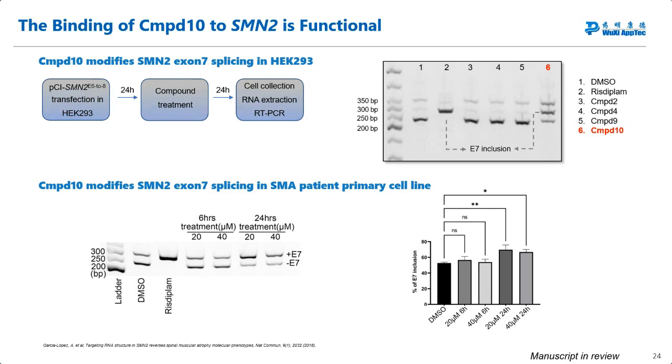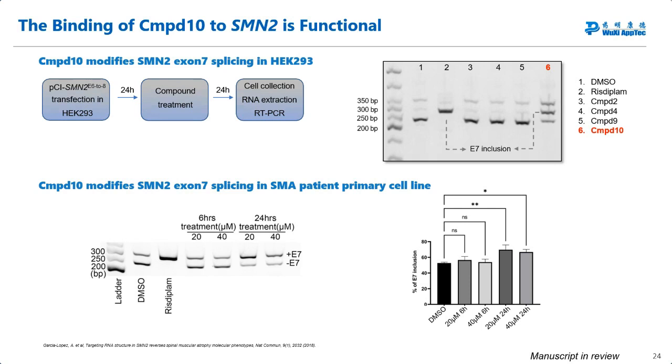Thus, our assay is proven to be effective in testing the function of SMN2 compounds. From this data, our compound 10 is less effective than FDA-approved risdiplam, but we can still see about 50% exon 7 inclusion, indicating compound 10 binding induced splicing regulation.